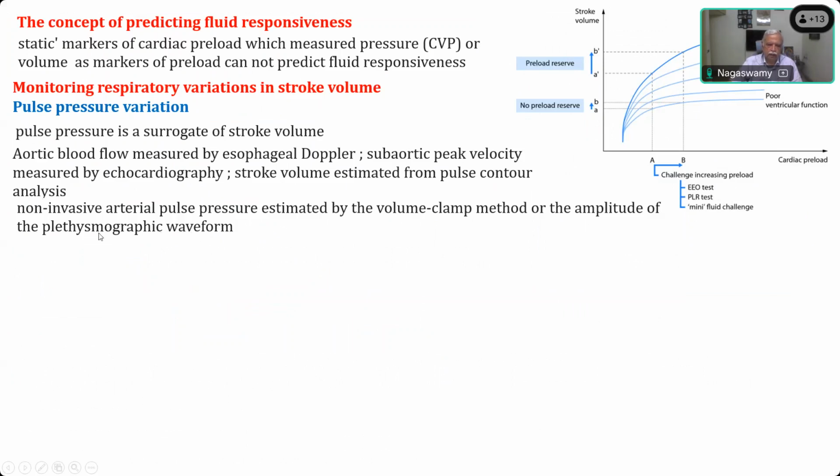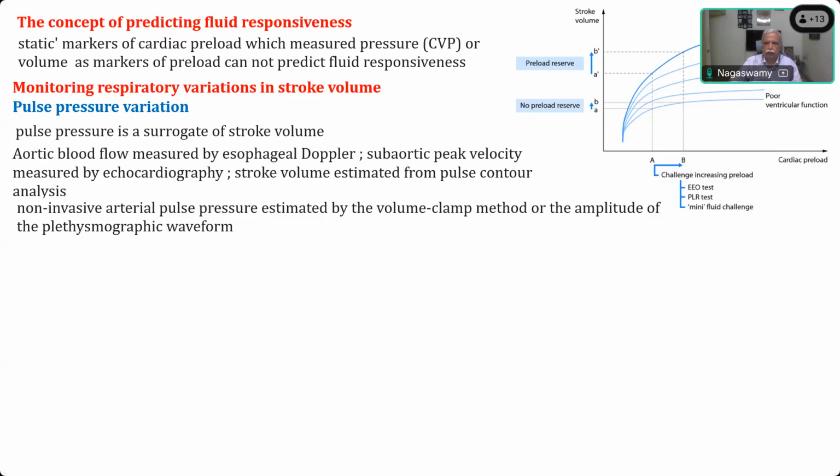In early days itself, when you have an arterial line or when you use a plethysmographic oximeter, the arterial waveform that goes up, the upstroke indicates the systolic contraction. The downstroke, and the gap between the downstroke and upstroke, is considered as the stroke volume, and that is what is called the poor man's Swan-Ganz catheter.